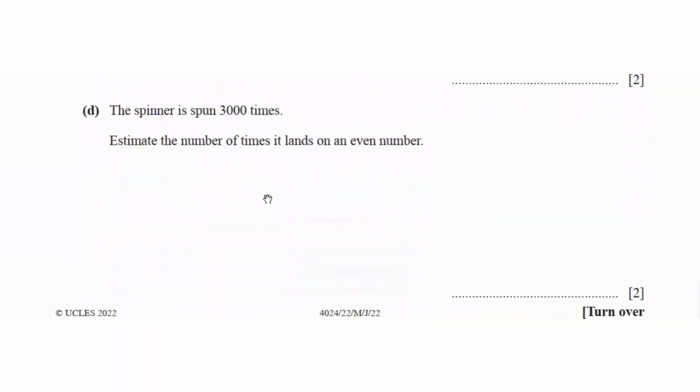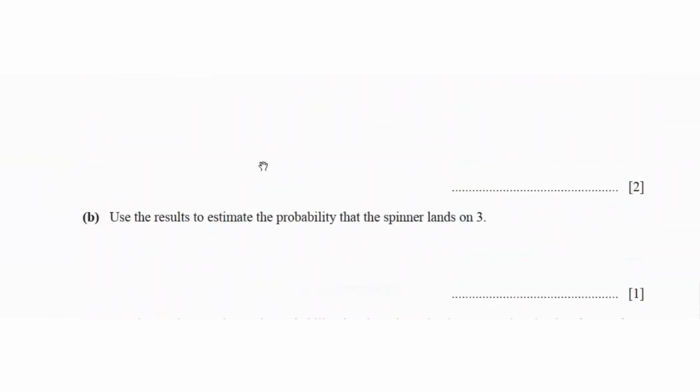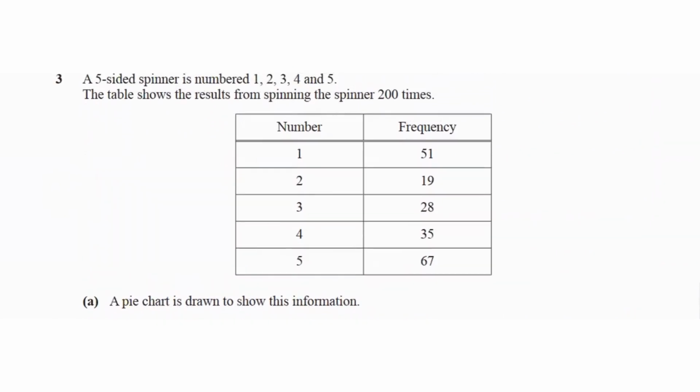The spinner is spun 3,000 times. Estimate the number of times it lands on an even number. So if we go back to the table, our even numbers are this and this. So we will do 19 plus 35 divided by 200 and then times 3,000, because the spinner is being spun 3,000 times.